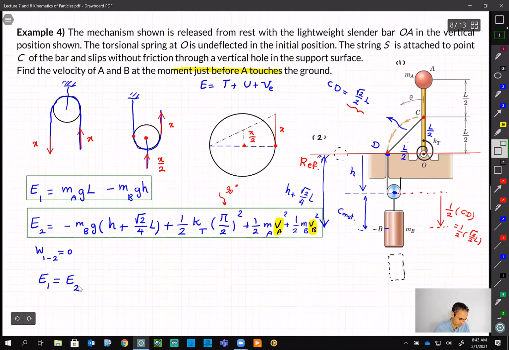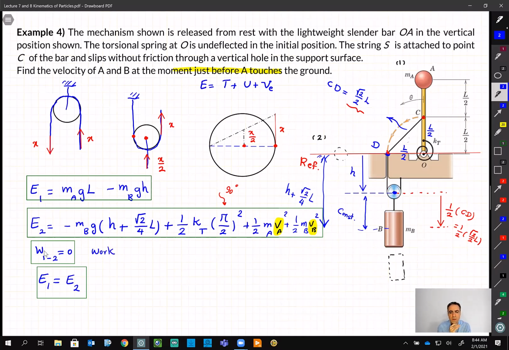Remember the law of conservation of energy? We said if there is no external load, it means there is not going to be any work. So the work is going to be 0, then your energy is going to be the same, right? We don't have any external load here.